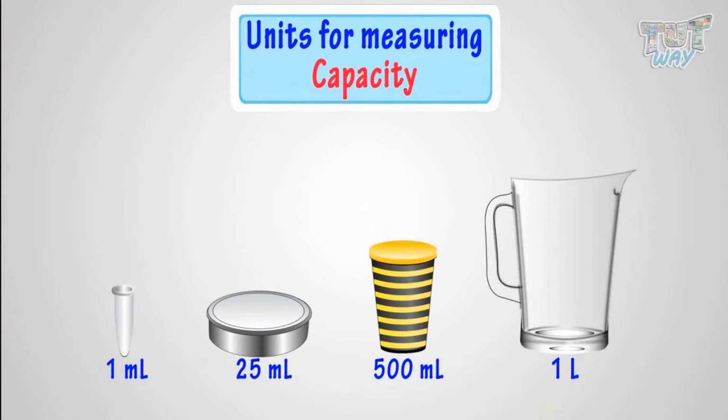Good job, 500. And we also have another object here. Can you read what we have below it? 25 milliliters. Good job. And the last one is just 1 milliliter. Good job.